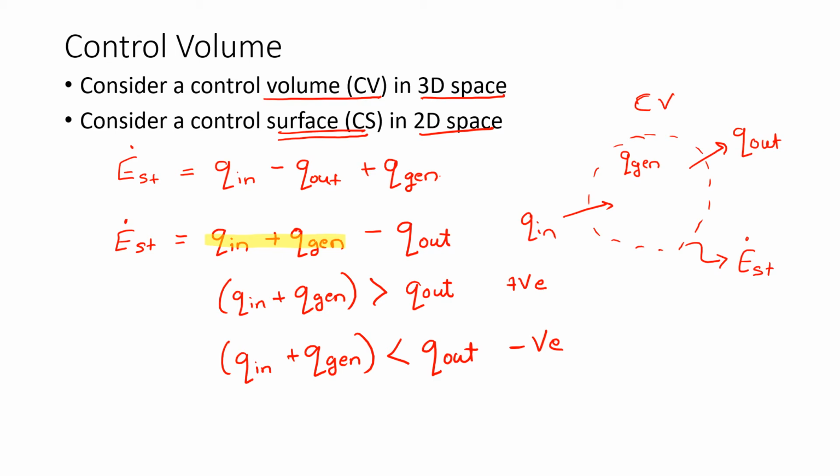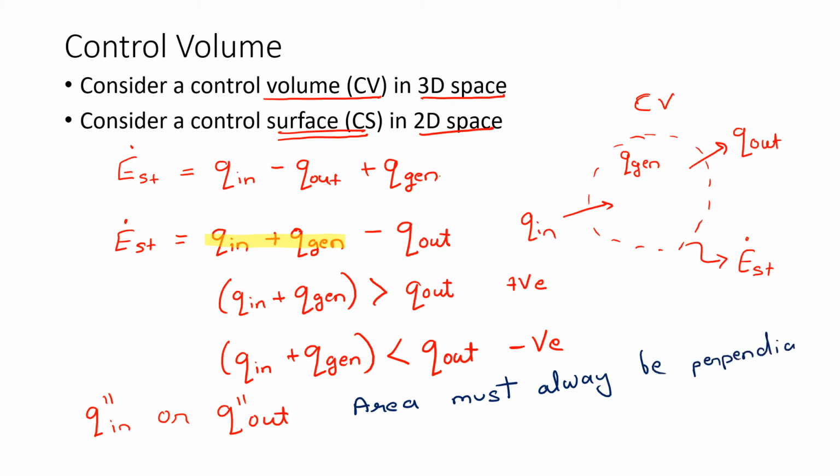Now another thing to remember is, if you have a controlled volume or a controlled surface, and if you're looking at heat flux, say instead of Q in, you are looking at the heat flux across the control surface, say heat flux in or heat flux out, the area that you consider must always be perpendicular to the direction of heat flow.